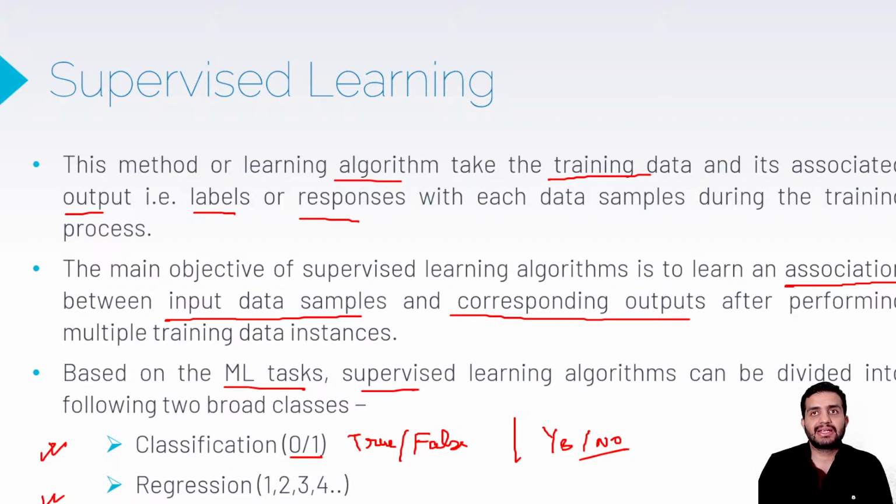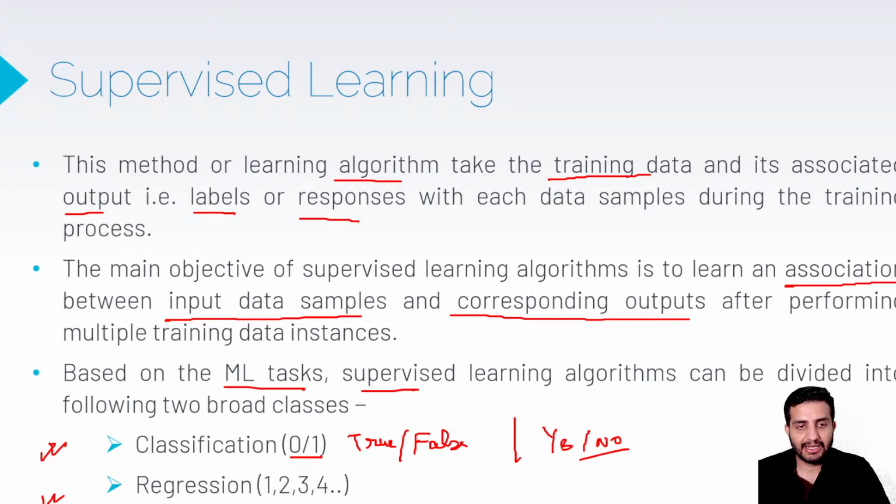Like I say, the person is having cancer or not, yes or no. Or whether a particular customer will move out of a plan, like move out of my organization or not. Churning problems. So true, false, yes, no, 0, 1. Problem statements where my output is in the form of a class, like 0, 1, true, false. Those types of supervised learning algorithms are called classification problems.